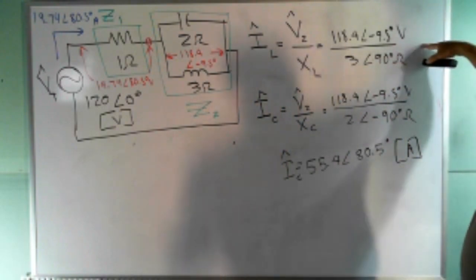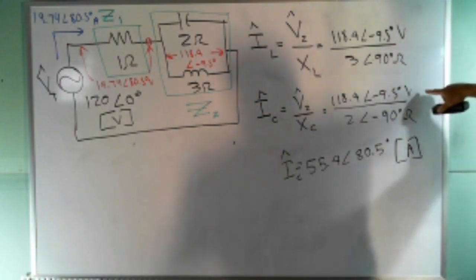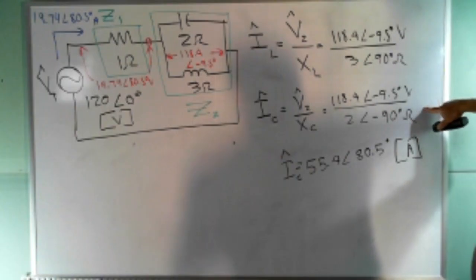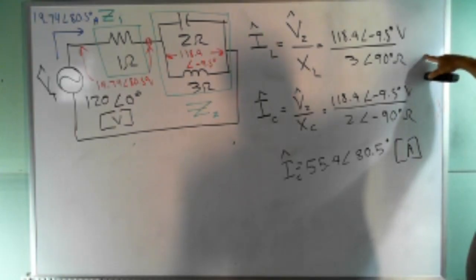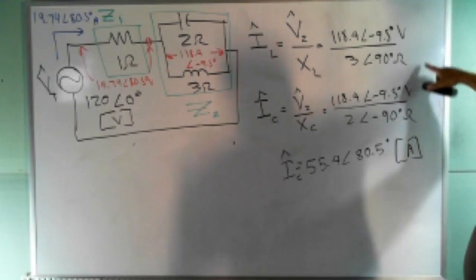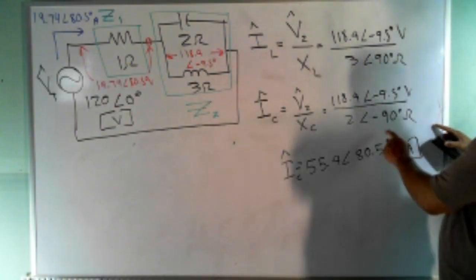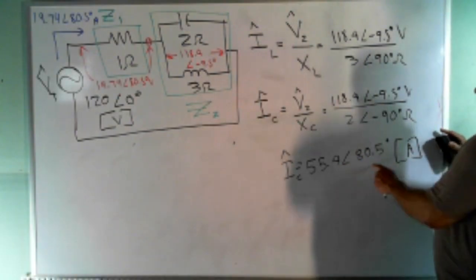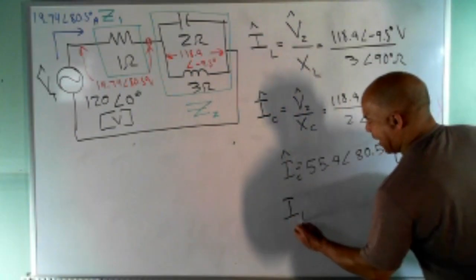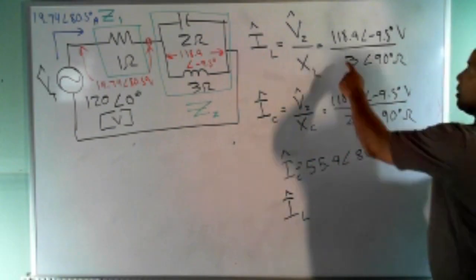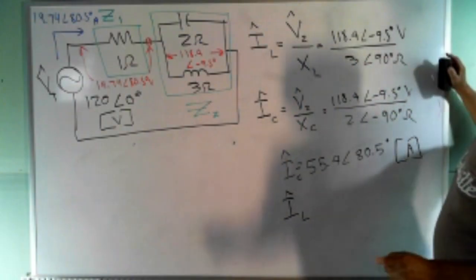And then, did you get this one for me? Actually, that was that one. Which one did we just do? We did that one. No, it was this one. We did that one, this IC, because that's half of that. And then, okay, so we need IL. So give me IL. 118.4 divided by 3 is what?